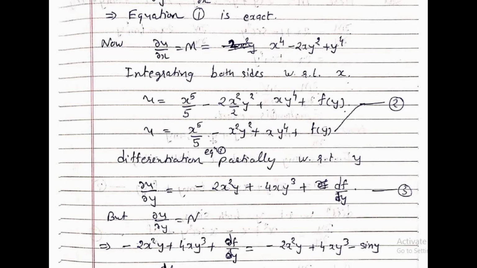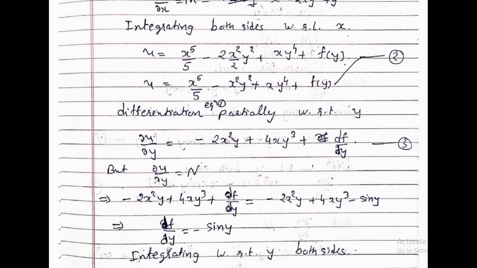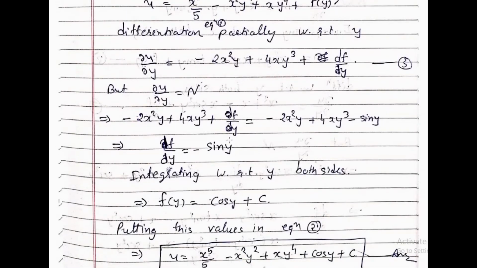Now differentiating this equation 2 with respect to y, because we are going to use the second condition. So ∂u/∂y is equal to −2x²y + 4xy³ + df/dy, and ∂u/∂y is equal to N. So we are going to put both values: −2x²y + 4xy³ + df/dy is equal to N, and N is −2x²y + 4xy³ − sin y.